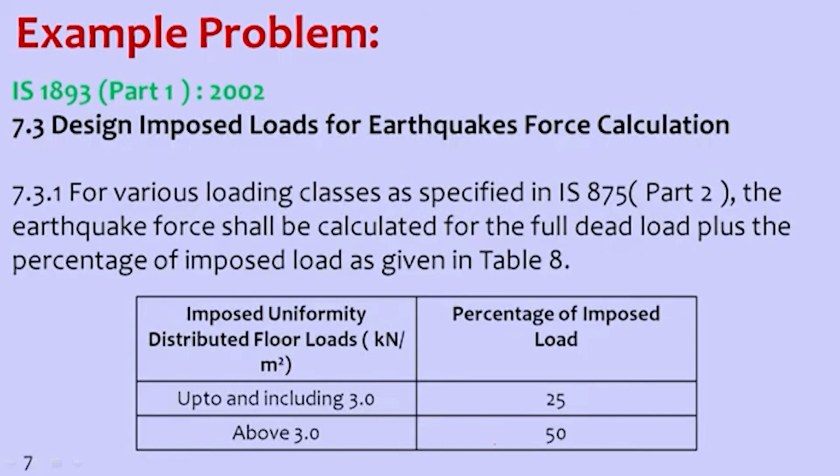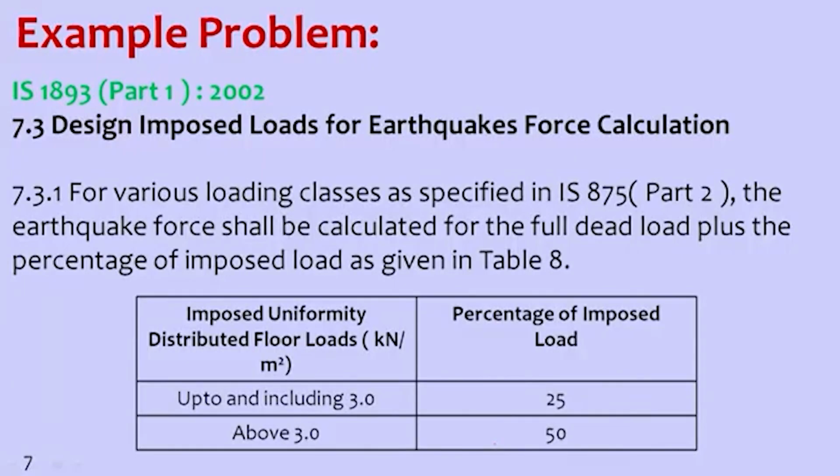Now in order to consider the live load or imposed load for calculation of seismic mass, IS 1893 2002 has some guidelines. If we look at clause number 7.3.1, for various loading cases as specified in IS 875 part 2, the earthquake force shall be calculated for the full dead load plus a percentage of imposed load as given in Table 8.